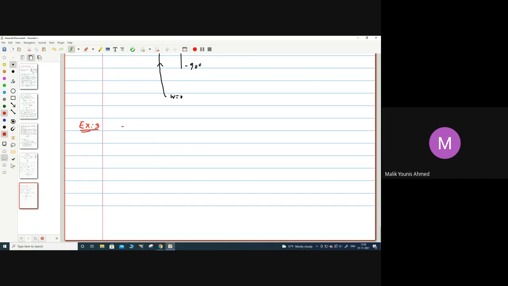I have the open loop transfer function G(s)H(s) given as 1 divided by s into (s plus 1) into (s plus 2). So we need to again draw the polar plot.